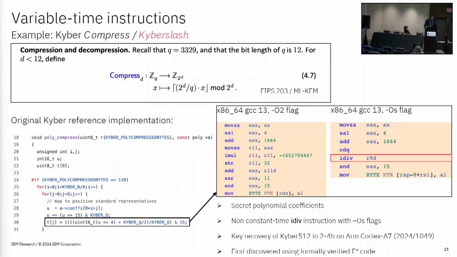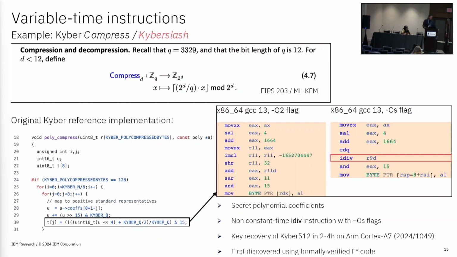Because it's about secret polynomial coefficients. There was a paper about KyberSlash published that showed that this could be used to do a key recovery on Kyber 512 in 2 to 4 hours on an ARM Cortex A7.